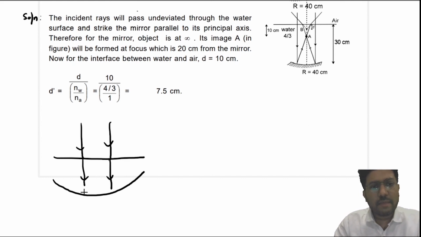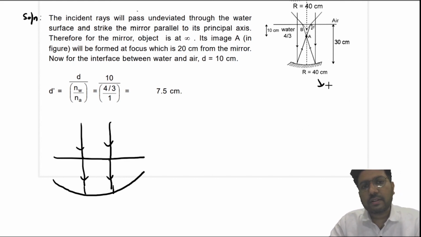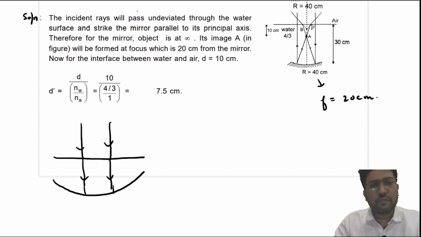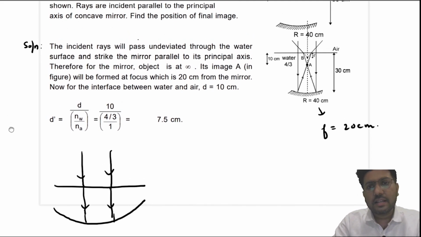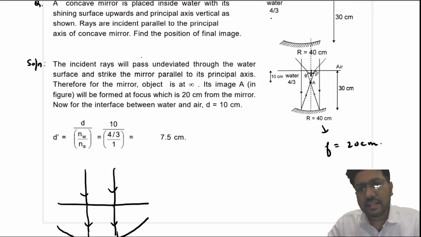So here the image will be formed at the focus. Because the radius of curvature is 40 centimeter, the focus is 20 centimeter. So this is the image, right? Now if the observer is watching from inside water, then this will be the answer.